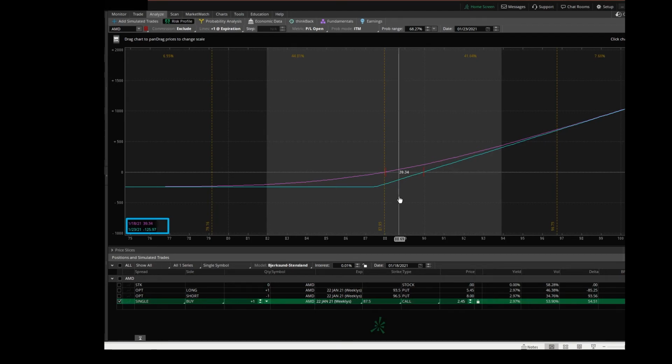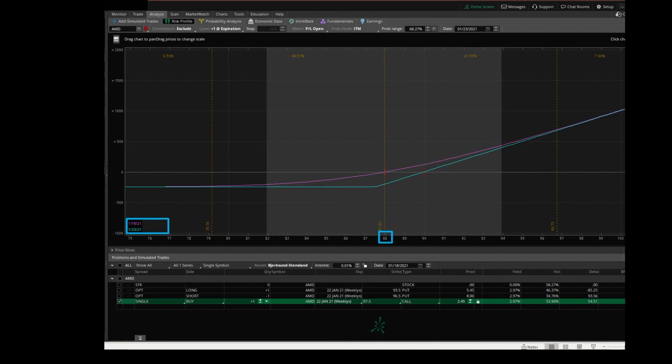When I hover over the price to the break even, right now for the purple it says 44 cents. That's as close to break even as I can get it. Right underneath that here we see that the price says 88.01. Okay, let's go ahead and draw that right around here.